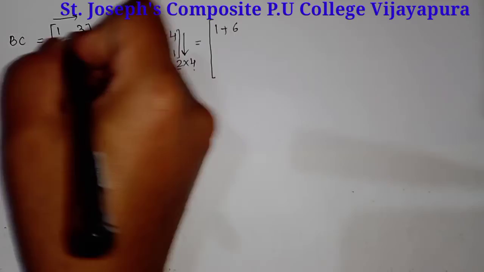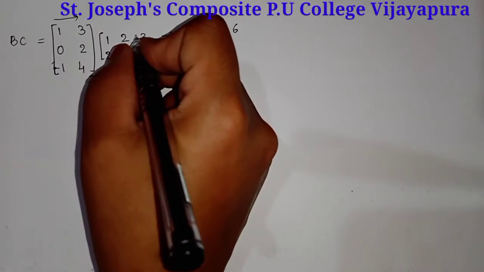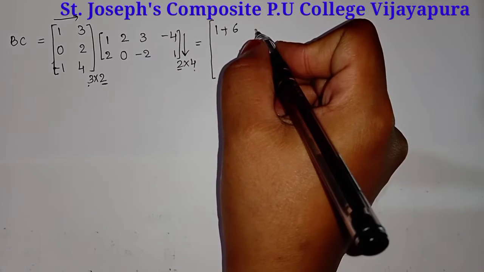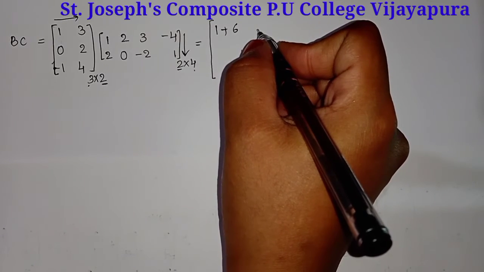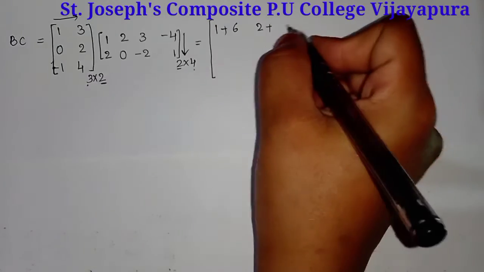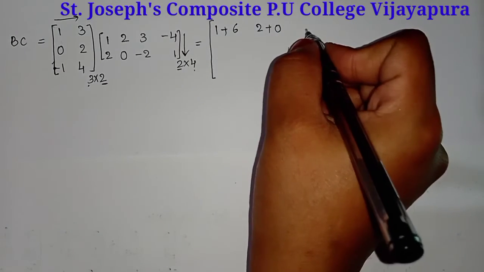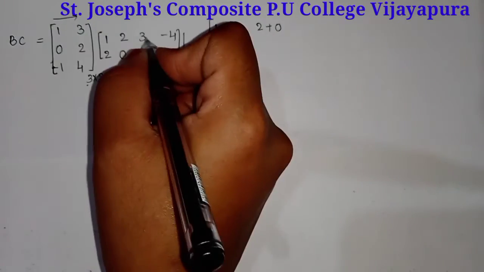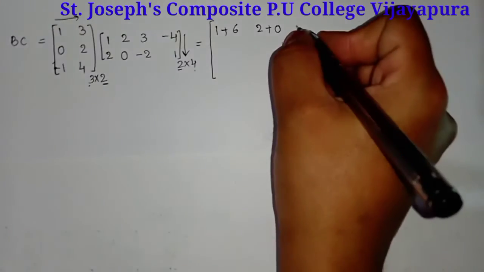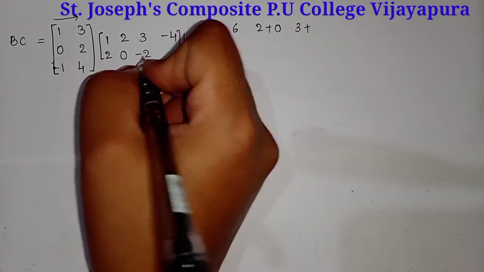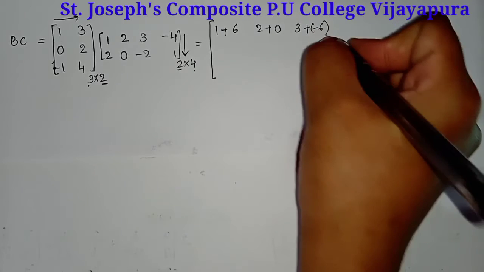First row from this matrix and second column from this matrix. 1 into 2 is 2 plus 3 into 0 is 0. Our next element will be A13, that is first row, third column. 1 into 3 is 3 plus 3 into minus 2 is minus 6.